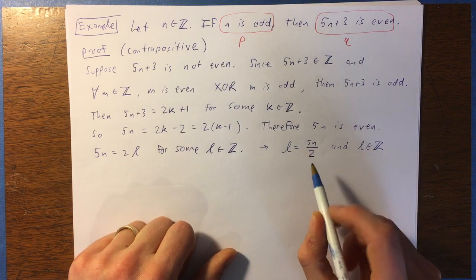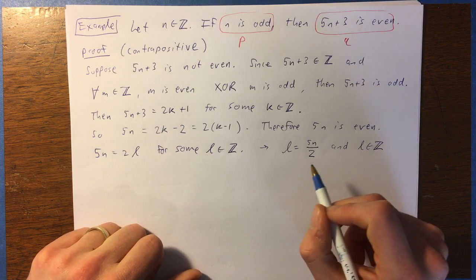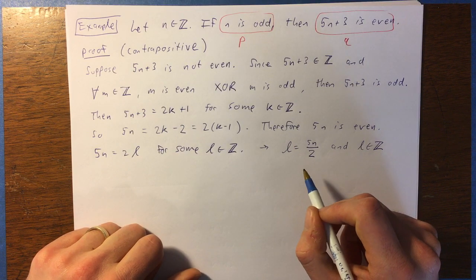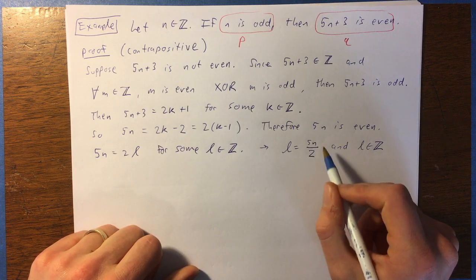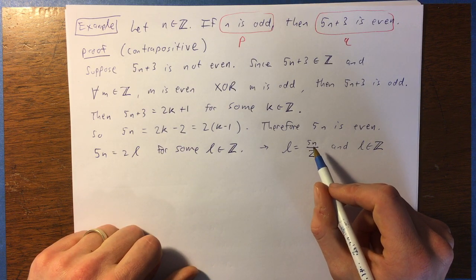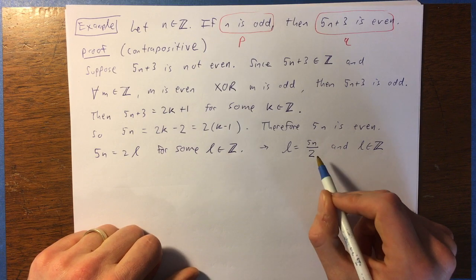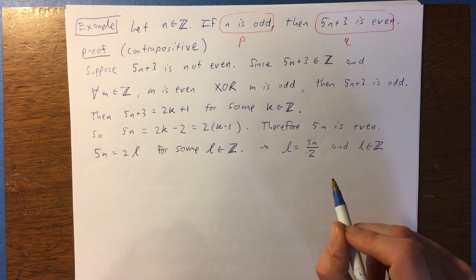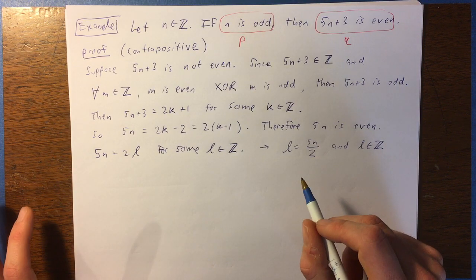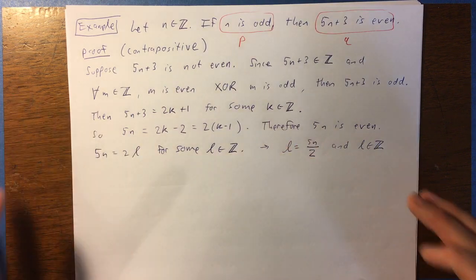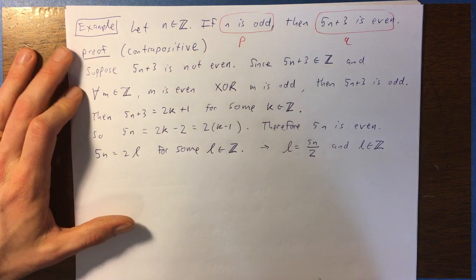What this means is, and I'm going to dig into some things we haven't talked much about yet because this proof is a little harder than the previous one, I need to say something about how this number 5n has to be divisible by 2. I'm going to have to grapple with the idea that integers can be written as a product of prime factors. And 5 happens to be a prime number that's also odd.